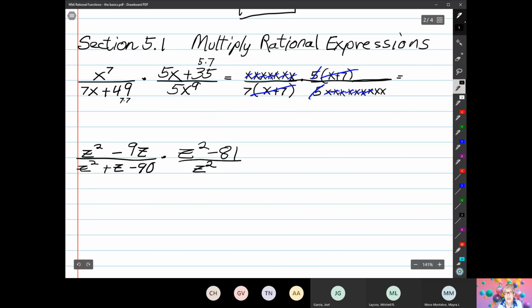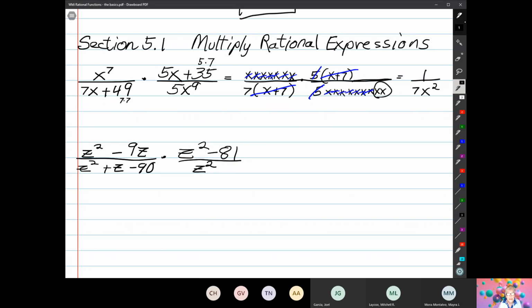There's always a 1. Over 7, and 2 x's are left. That's x squared. And we have really cleaned this problem up.